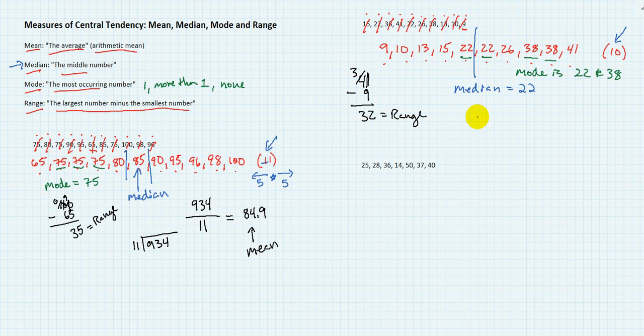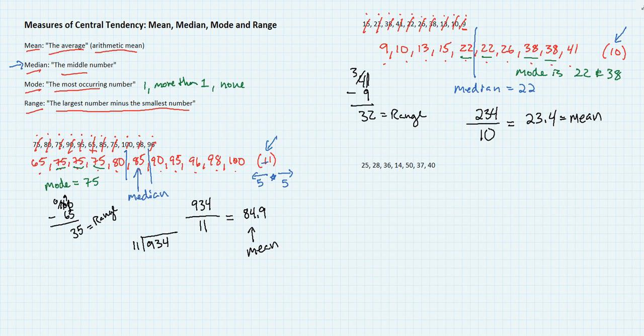And if you do that, you're going to end up with 234. There's 10 of them there. So if I divide by 10, I'll get 23.4. Again, that could be a long process for you. That might be from your calculator or pencil and paper. But you should be able to get 23.4 is your mean or your average.